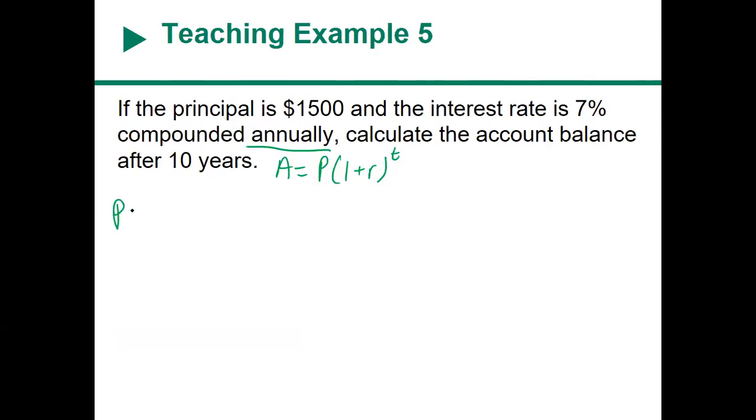What is our P? 1,500. What is our rate? 0.07. And what is our T? 10. And we plug everything in. So A equals 1,500 times 1 plus 0.07 to the 10.